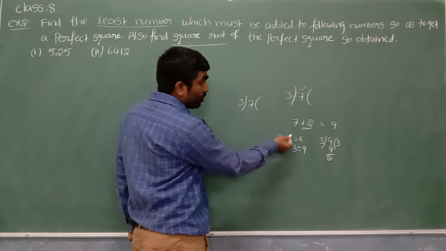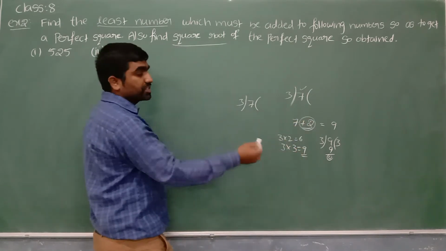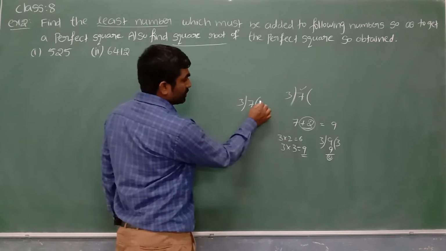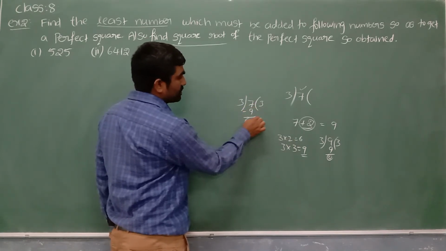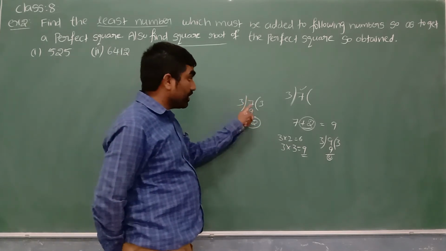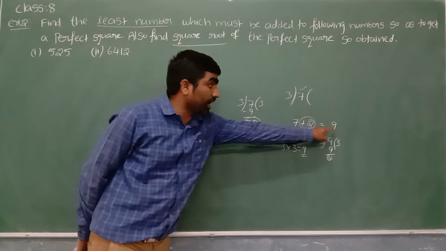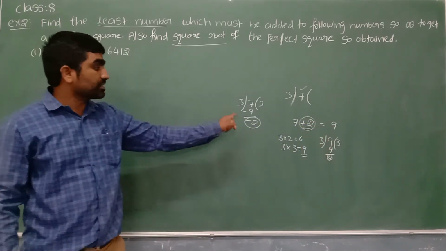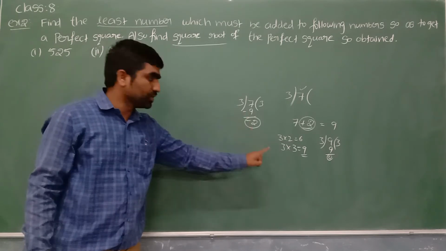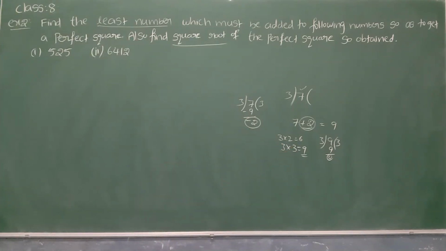So when they are asking what number we can add, better we go with the next number. 3 3s are 9, 7 minus 9 is minus 2. For the given number 7, we need to add 2. By adding 2, it becomes 9, so it goes exactly in the 3 table. Keep in mind, when they are asking what number we can add, we should go with the next number. Even here it is the same.